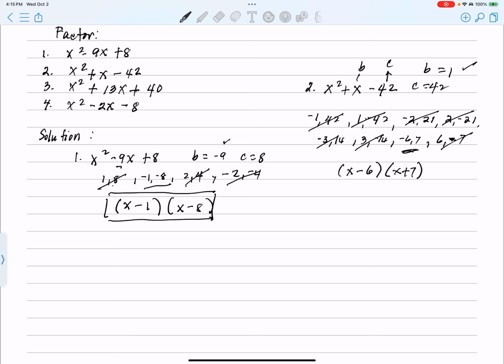Right? So what have you observed? When our last term is negative, one of the pair of factors also has a negative value. That is x minus 6. Okay, let's have example 3.